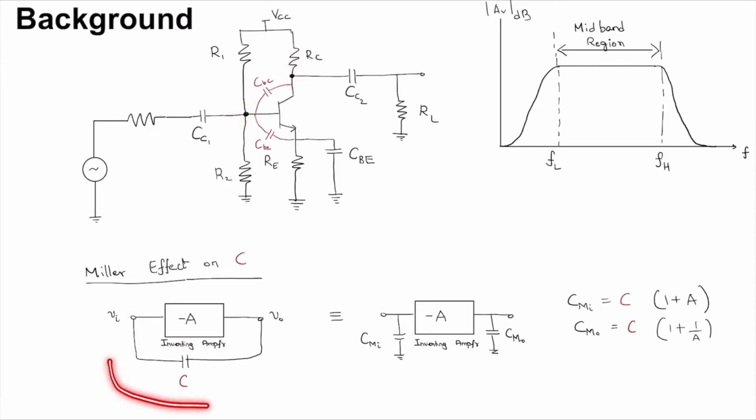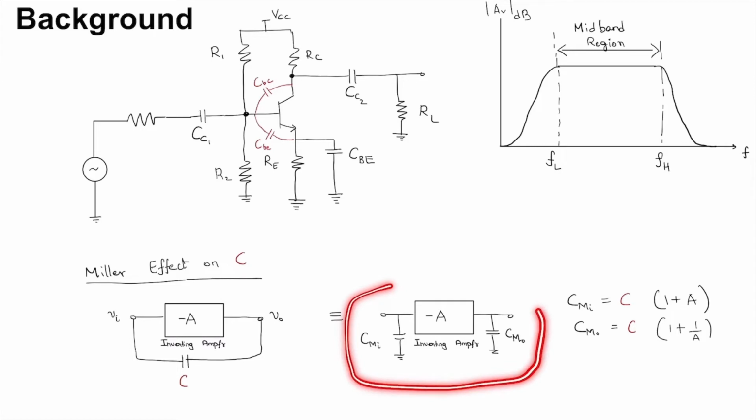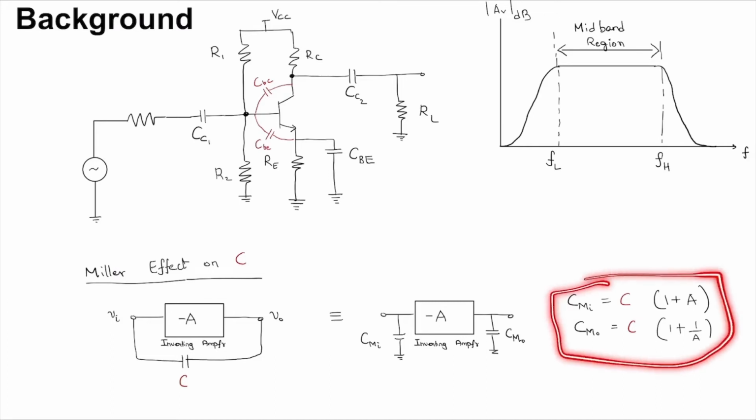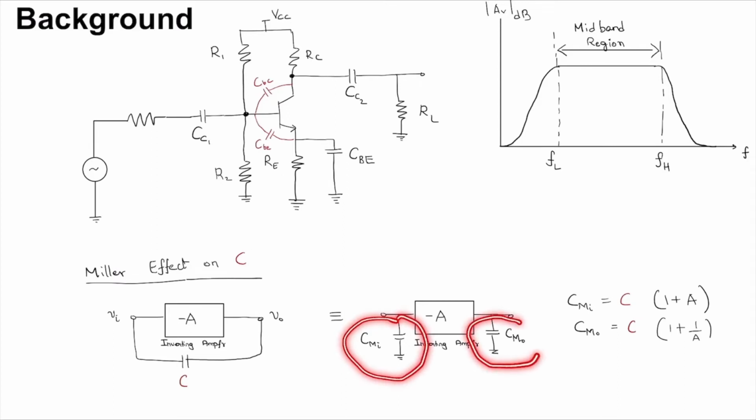If you have such a setup, then this capacitor can be split as an input and output capacitor as a result of the Miller effect. The input capacitance and the output capacitance have the following expressions. And the idea is that you now have a pole at the input and a pole at the output.